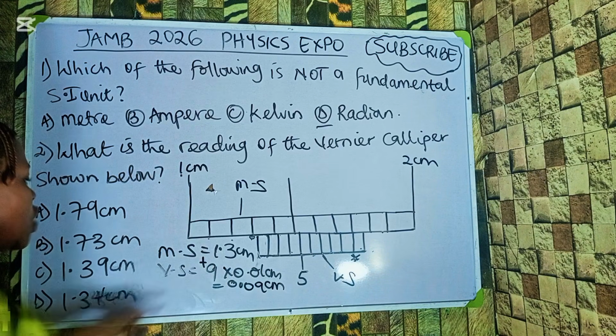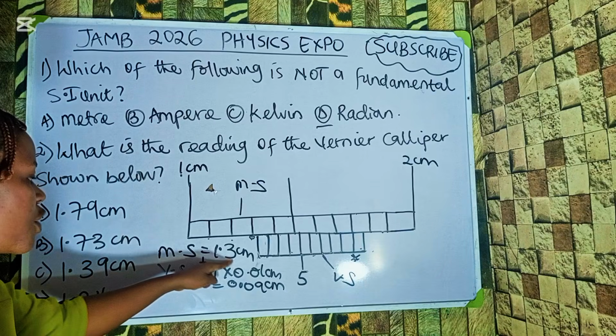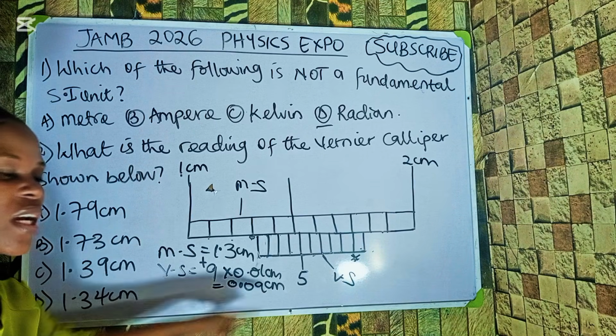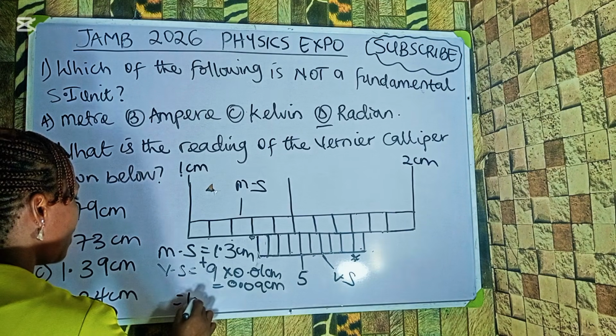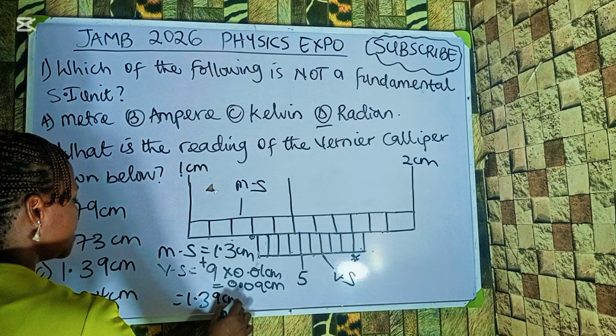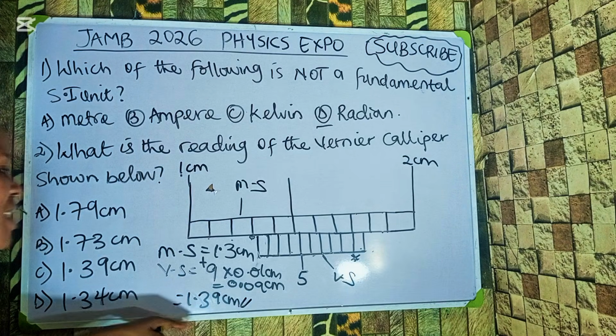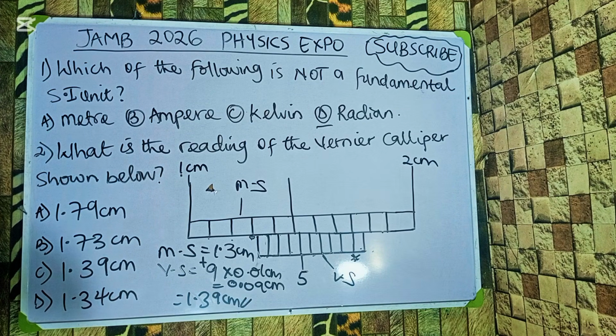We now add what we have: 1.3 plus 0.09 gives 1.39 centimeters. Is that clear? So this is how to take a reading on the vernier caliper. The correct option to this question is option C.